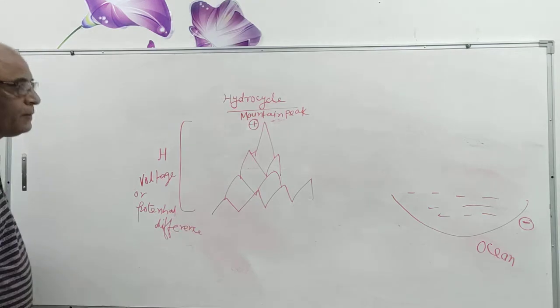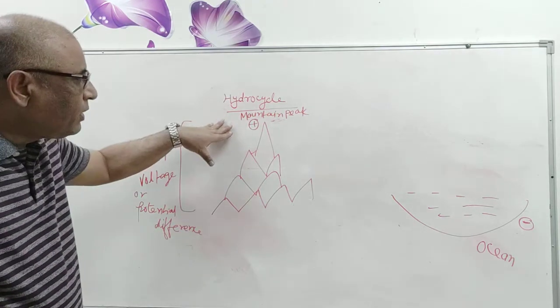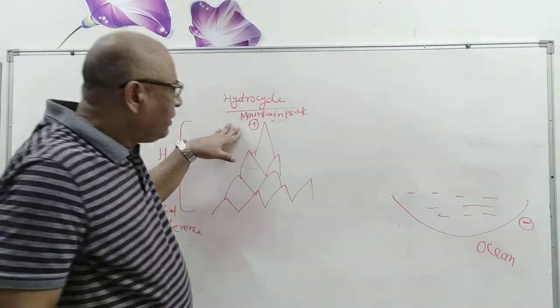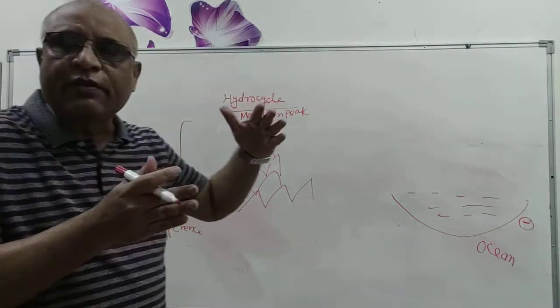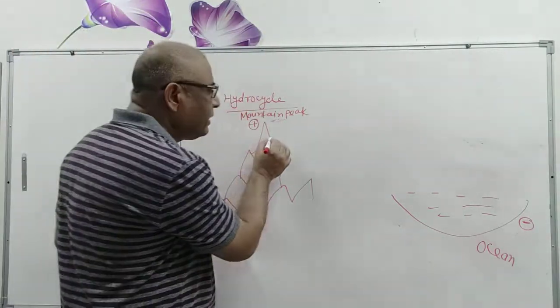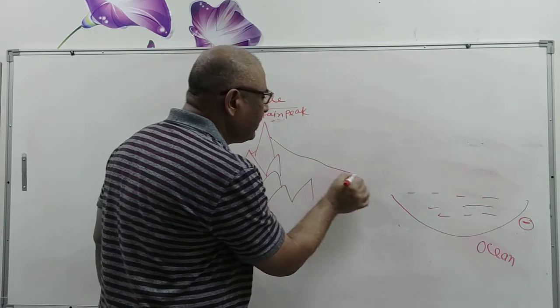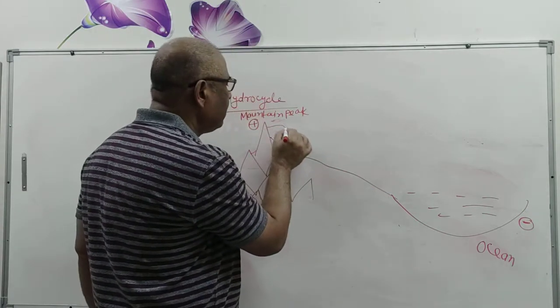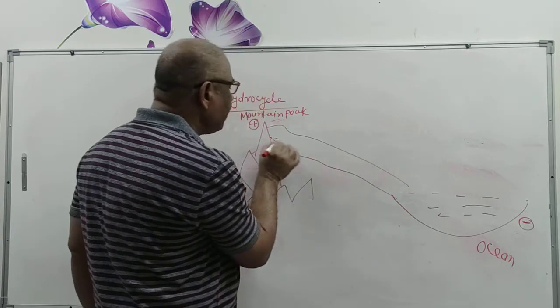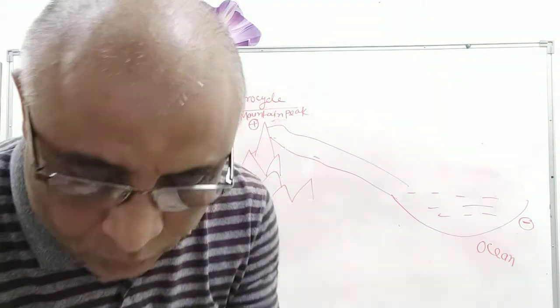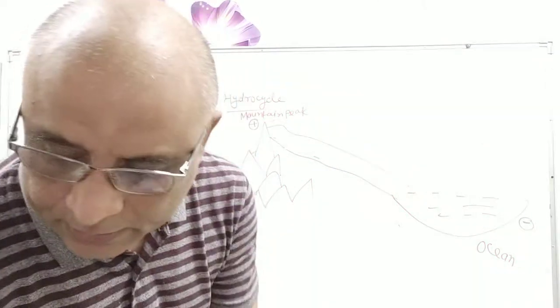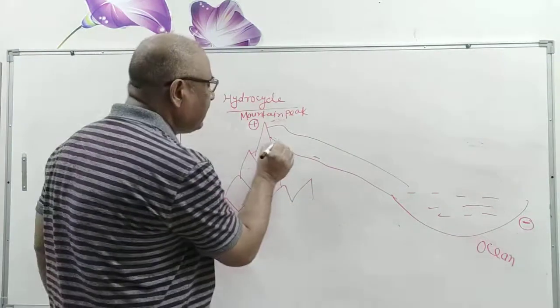Due to this difference of height between mountain peak and ocean, water flows here like a river. Water flows due to the difference of height.